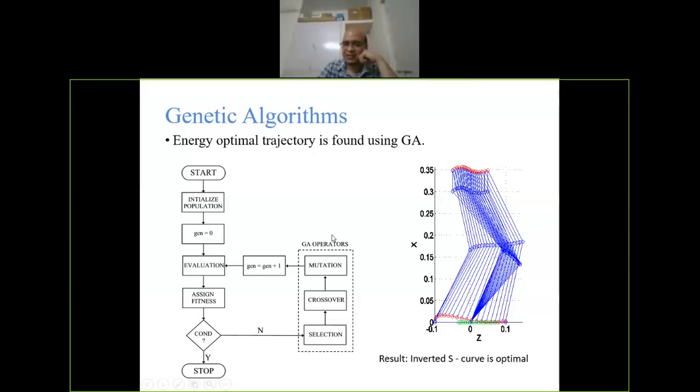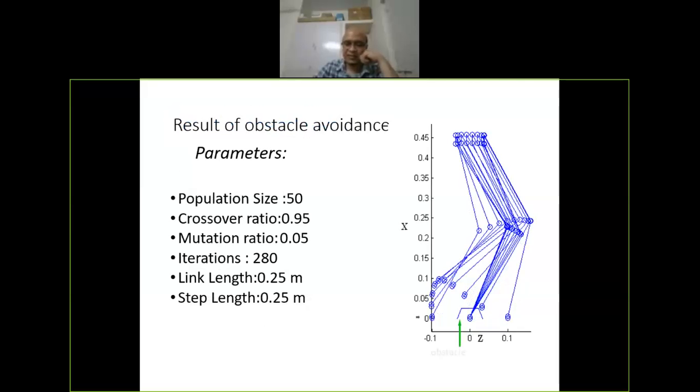So either we have learned it or we have evolved that way, that whenever we walk, we walk in a trajectory which takes minimum energy. So when we do a task, we also take minimum energy. I don't know whether we have been optimized that way, but something to note is that human walk is optimal in terms of energy. So this is how we do optimization and why we need it.